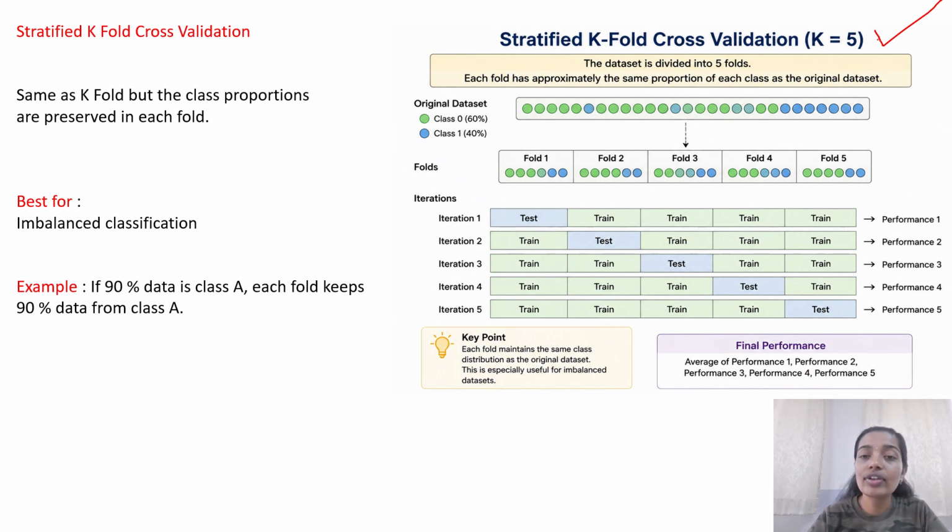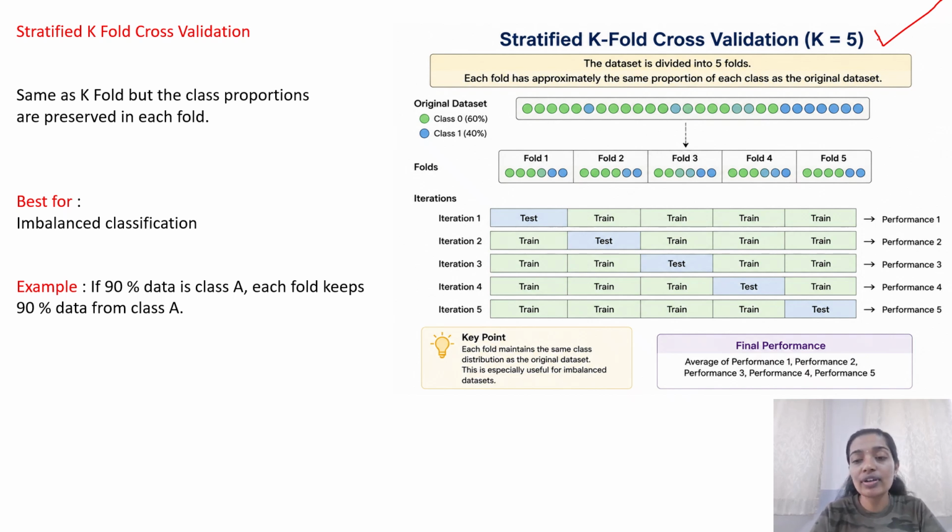So let us say if 90% of the data is from class A and only 10% of it belongs to class B, then in the folds also, in the first fold, 90% of the data points will be from class A and only 10% of them will be from class B. What happens if we are simply using k-fold cross validation?